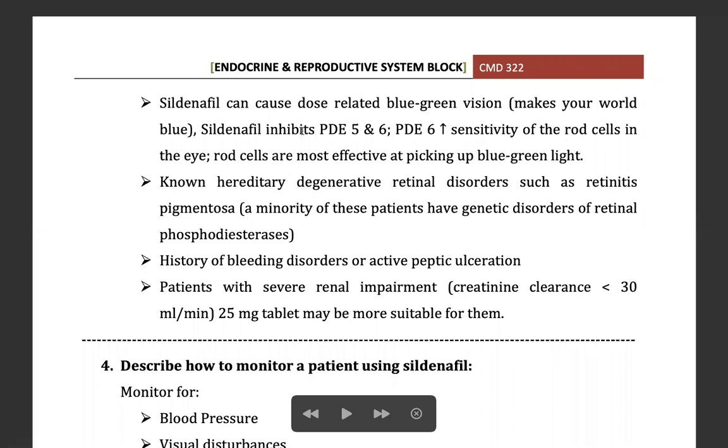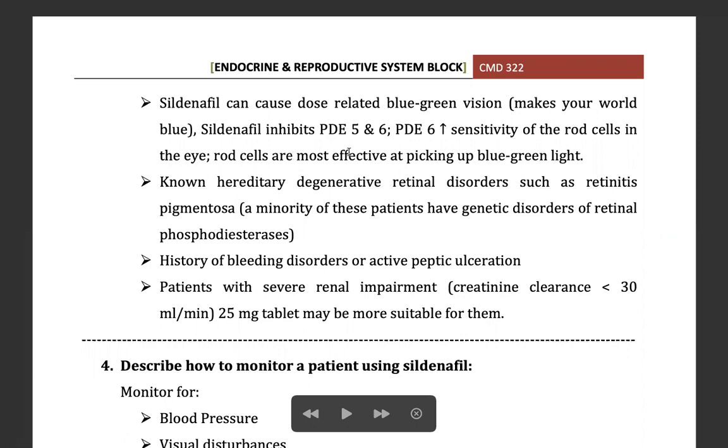If phosphodiesterase 6 is inhibited, it decreases the sensitivity of the rod cells in the eye, and this makes the person's world blue. We can say it makes your world blue.